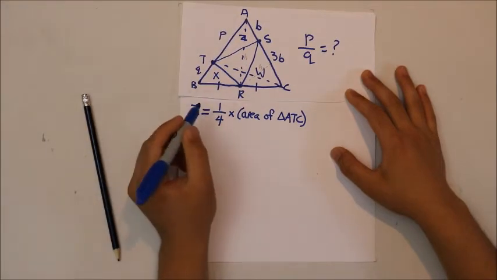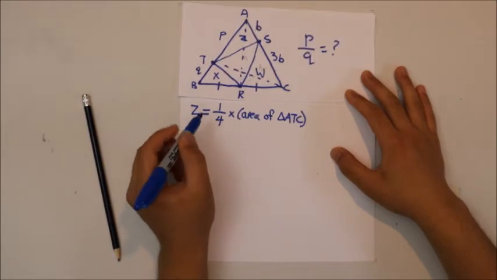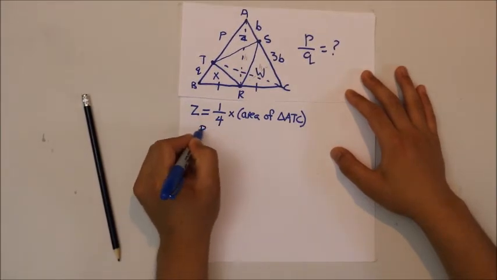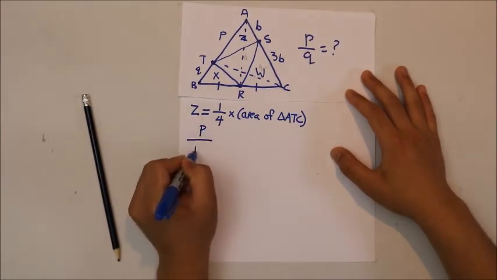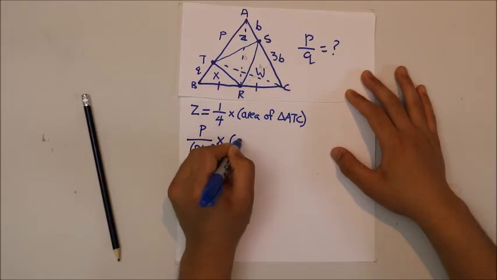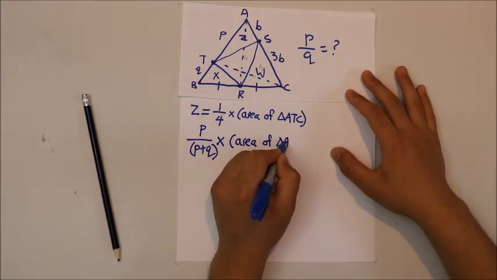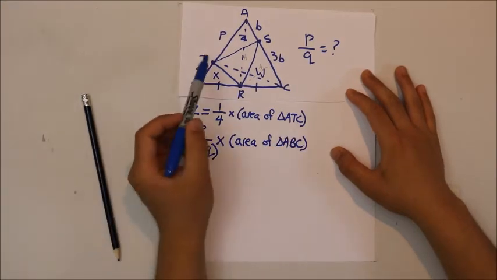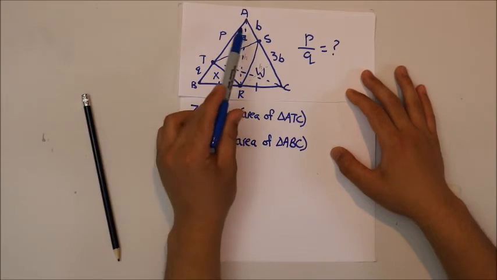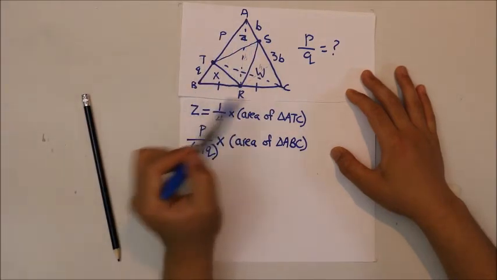So we can write triangle ATC in relation to ABC as P over P plus Q times the area of triangle ABC. And this is our relation of triangle ATC to triangle ABC.